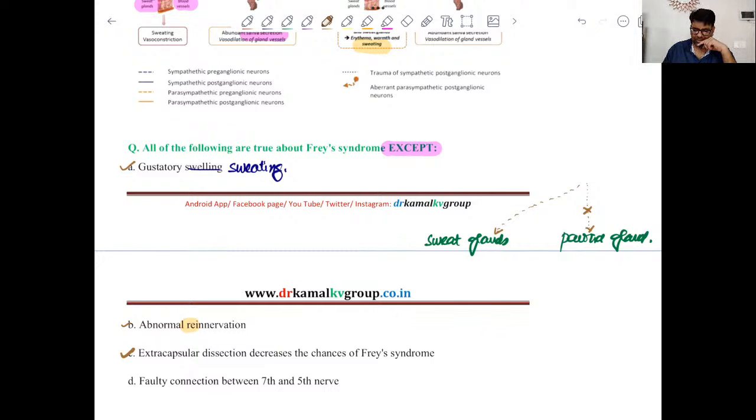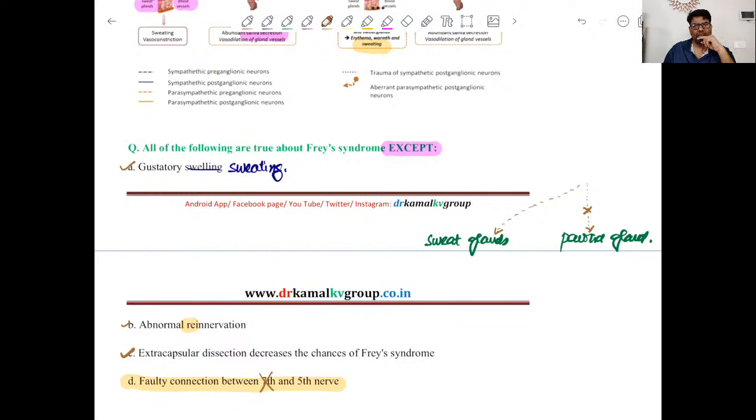So now we are left with the false statement, and that is the faulty connection between the 7th and the 5th nerve. Now, can you tell me what is wrong here? Why is this statement wrong? Because in discussion of Frey syndrome, there is never any mention of facial nerve.